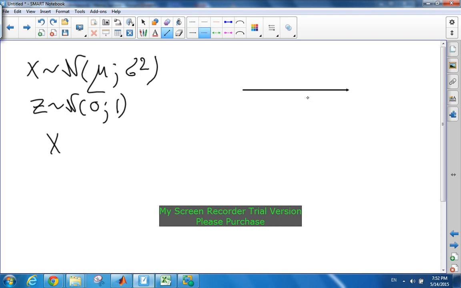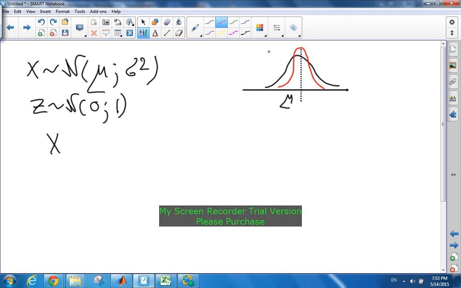Okay, and it's symmetric, but not about 0. It's symmetric about mu, wherever mu is. Here is mu, and depending on sigma, it can be more concentrated around mu, or it can be more spread out, like this.